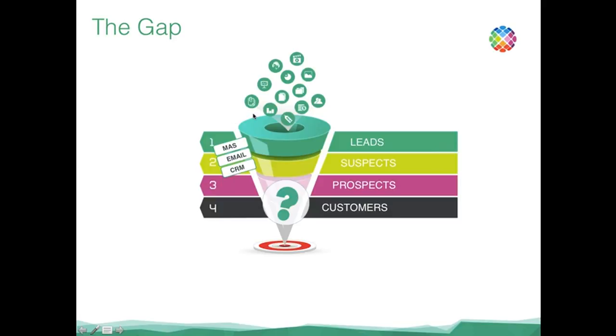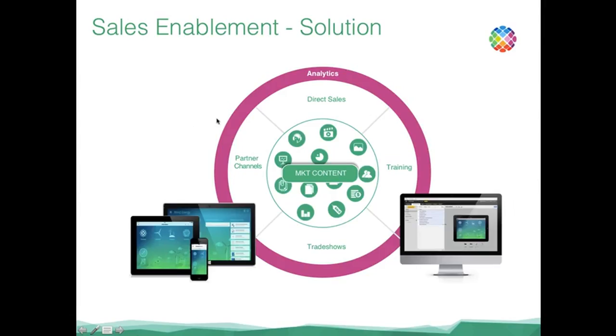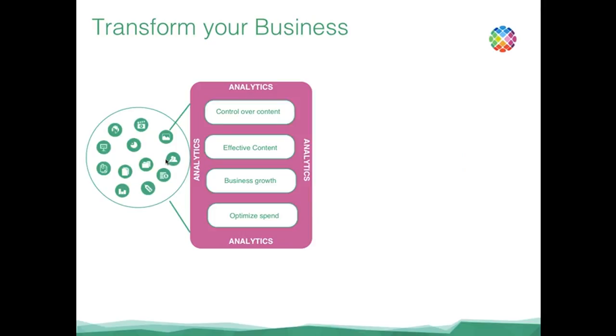So how would we want this to work? What would be the ideal situation? We've talked to many of our customers and have heard these pain points, and what they want is a solution where content becomes the center of everything.